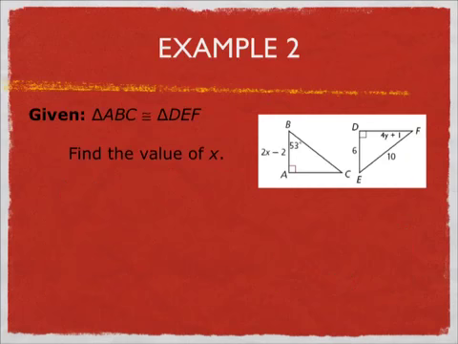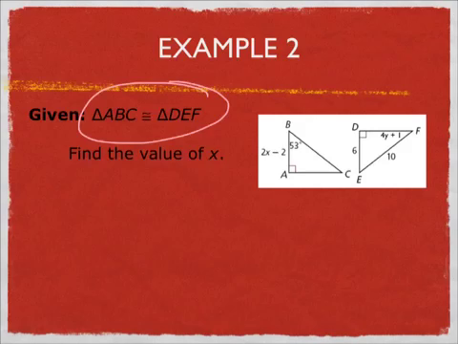You are given that triangle ABC is congruent to triangle DEF. Do not ignore this. This is important. That tells you how things line up. You can't just trust your eyes. And I want to find the value of x. Well, x is located here. 2x minus 2, that's on side AB.